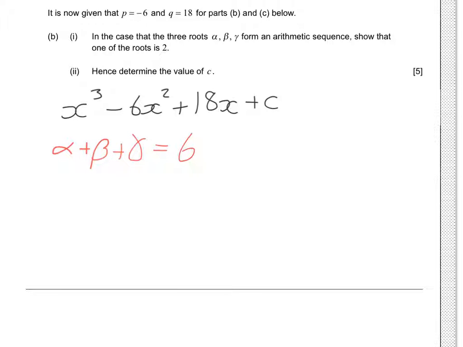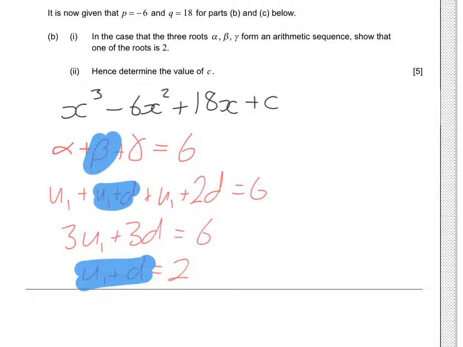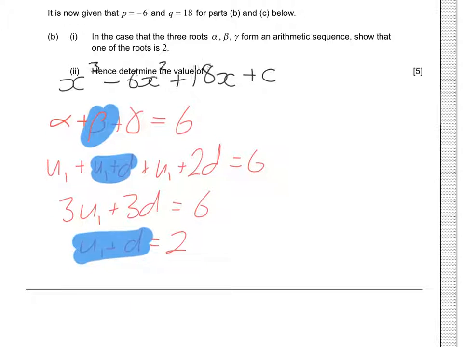Now if they form an arithmetic sequence, which I'll call u1, u1 plus d, u1 plus 2d, then 3u1 plus 3d must be equal to 6, which gives me u1 plus d is equal to 2, and that's the second term in the sequence.